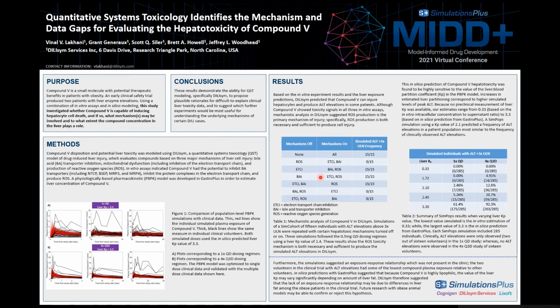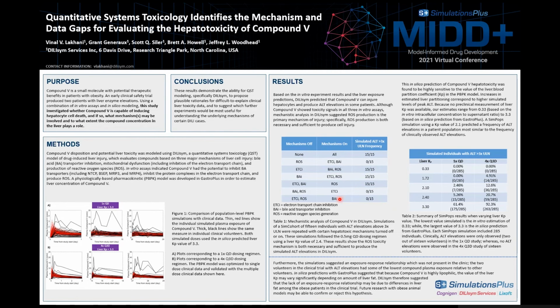To complete that thought, the last two scenarios show no change at all in the number of individuals with ALT elevation. So these top three results show that the ROS mechanism is necessary for producing those ALT elevations. If you have it turned off, it does not produce any ALT elevations. It needs to be turned on in order to produce any of those. Sorry, I think this first statement applies as a conclusion for the top three.